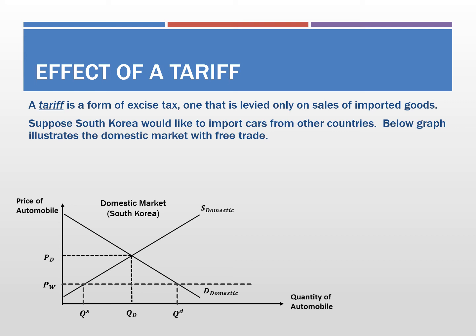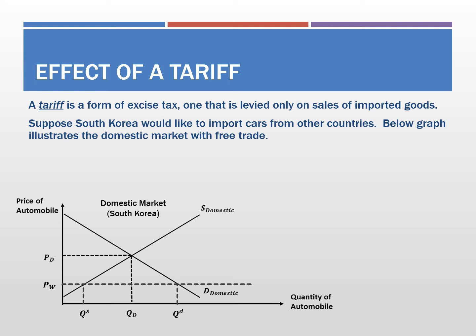If Korea is a 100% open, free trade economy, it's unfortunate to see that domestic firms will face this competition from the world, and they have to lower the price of the car to match the world price in order to compete with international competitors. However, because the world price is much lower than the domestic equilibrium price, it almost drives all the domestic firms to extinction in the markets.